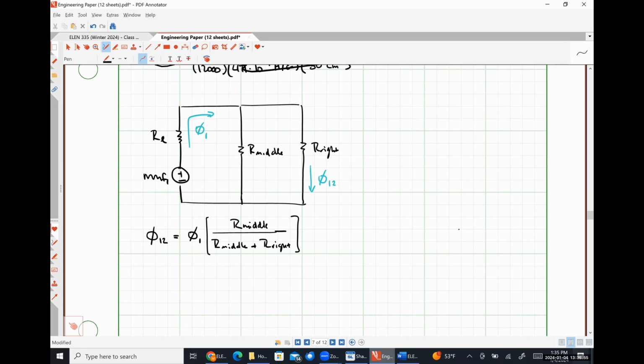Phi 1 is just MMF1 divided by the equivalent reluctance seen by the first coil, times R middle over R middle plus R right. Okay.